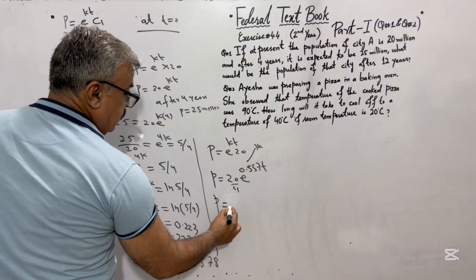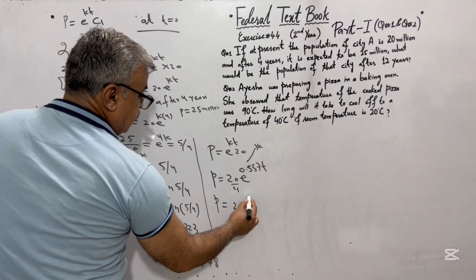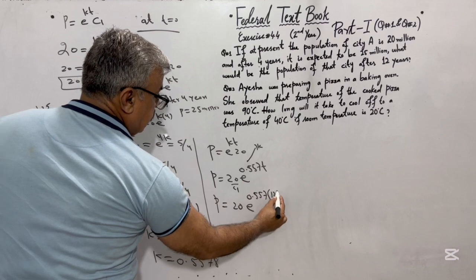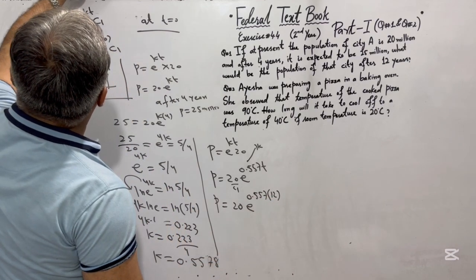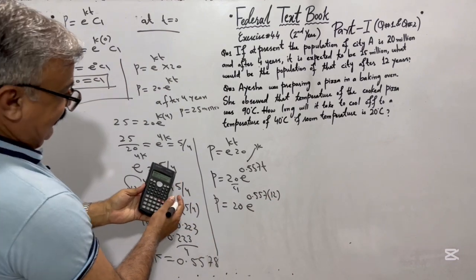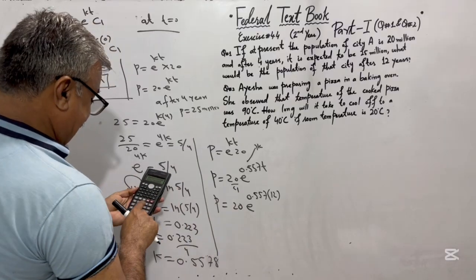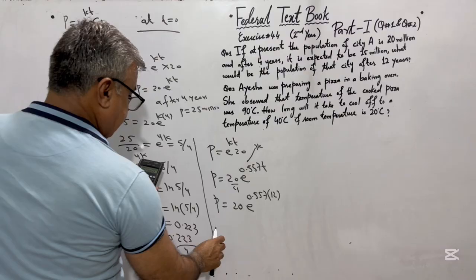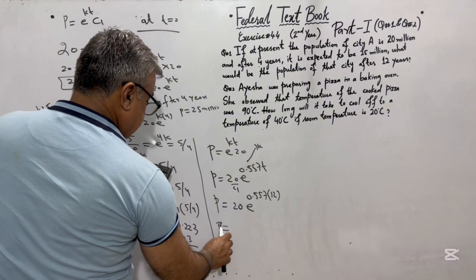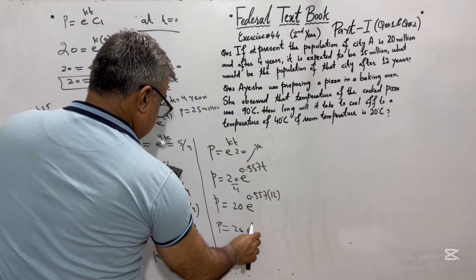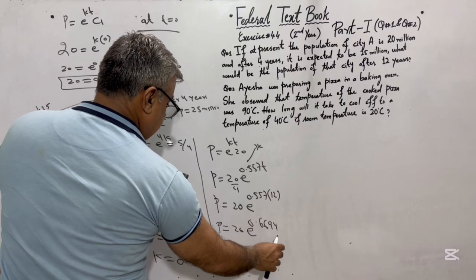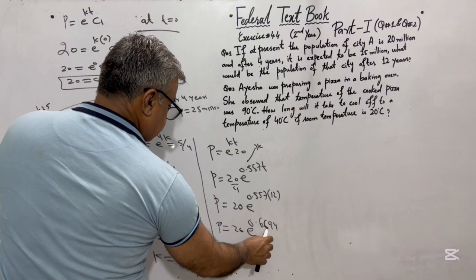P is equal to 20 times e raised to 0.05578 times t, where t is 12. I haven't removed this figure, I have kept it in. Just multiply by 12. I have P is equal to 20 times e raised to 0.6694.